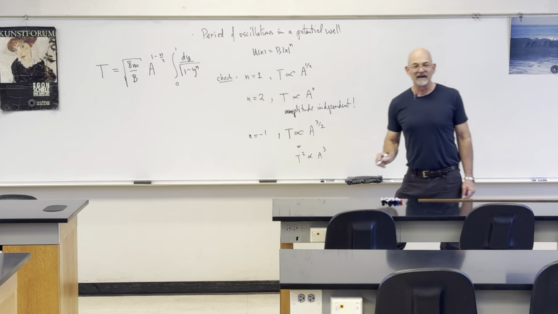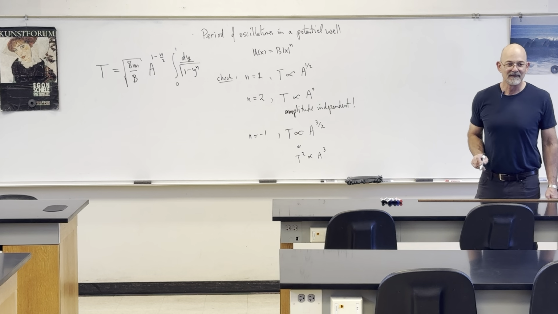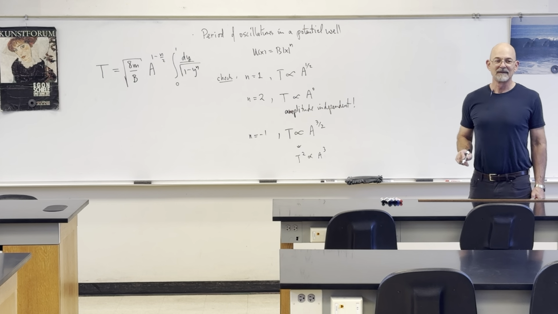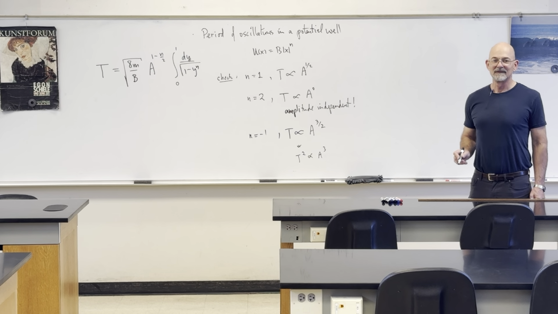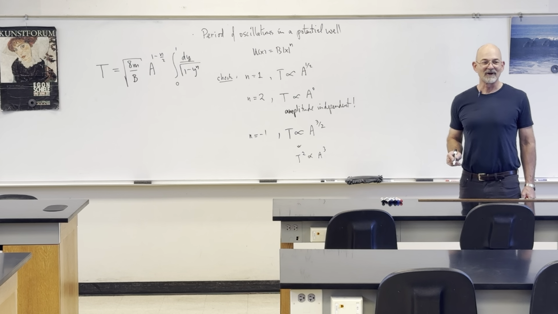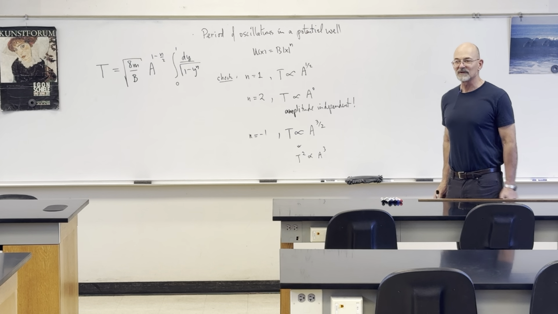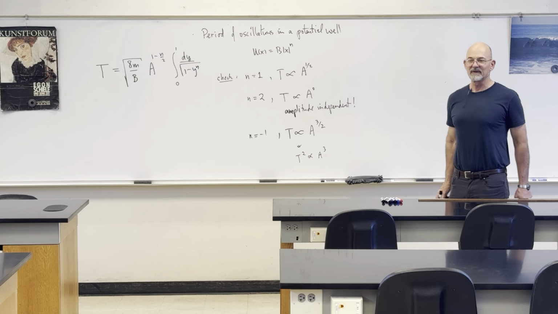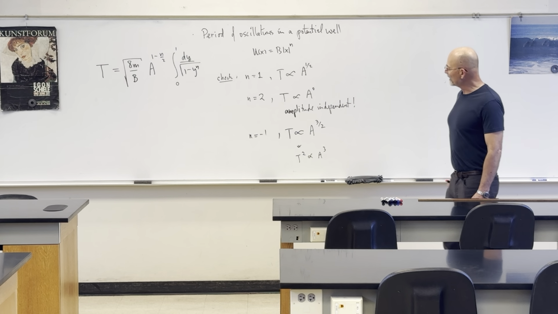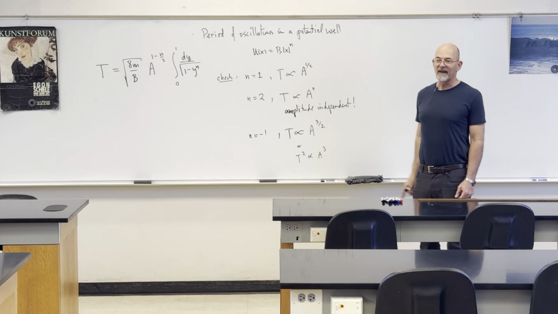Where have you heard of that? Kepler's third law. You guys remember Kepler's third law? Kepler's third law of planetary orbits. Yeah, I remember that. The period squared proportional to the semi-major axis cubed.